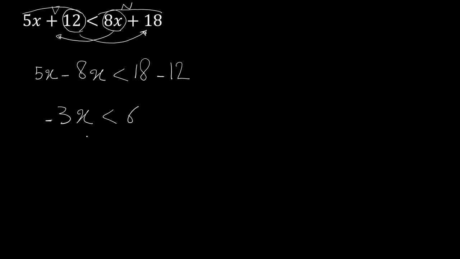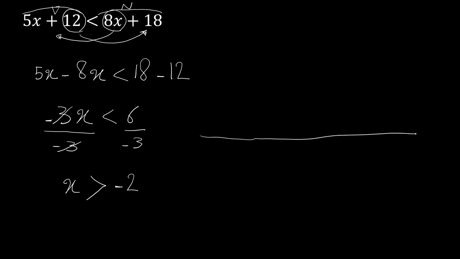Now I must make the coefficient of x 1, but how? By dividing both sides by minus 3. This is the point that I was talking about, that when we are dividing by a negative number, we must change the direction. So less than will return to greater than. So we change the direction. x is greater than -2. So let's graph this answer.